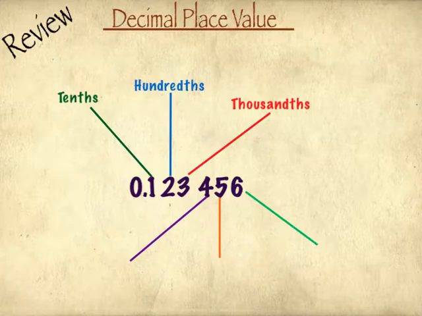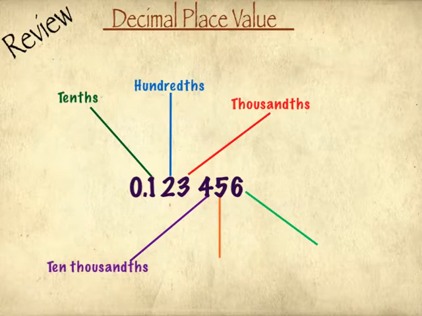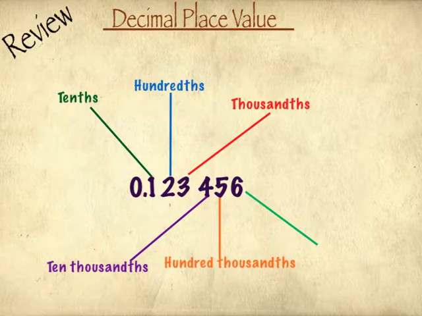Over here I would have ones, then tens, hundreds, thousands, 10,000s. Over here I have tenths, hundredths, thousandths. Next up is 10,000ths. You can probably guess what comes after that. This is going to be the 100,000ths. If I was just counting regular place value, after 100,000s is millions. So over here I'm going to have millionths.